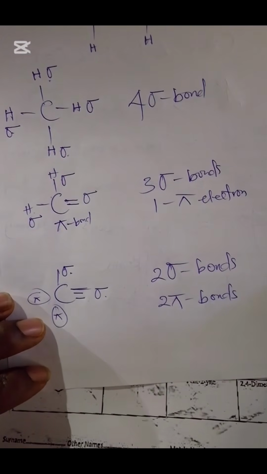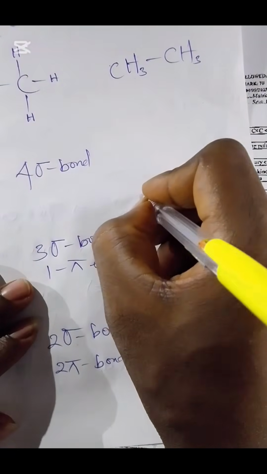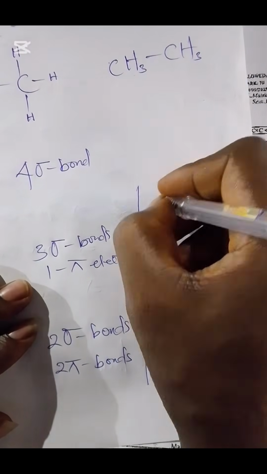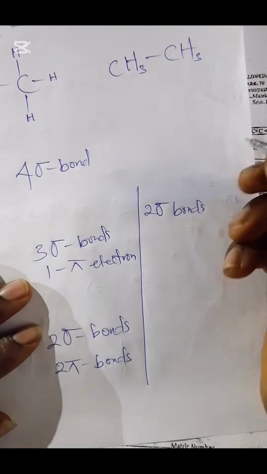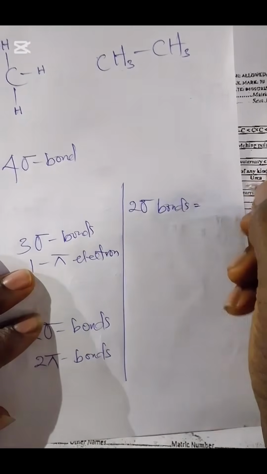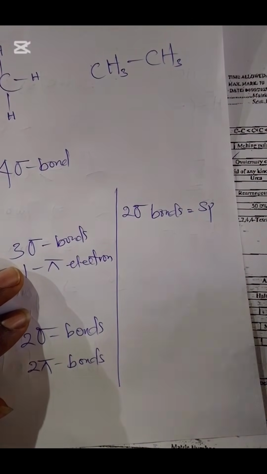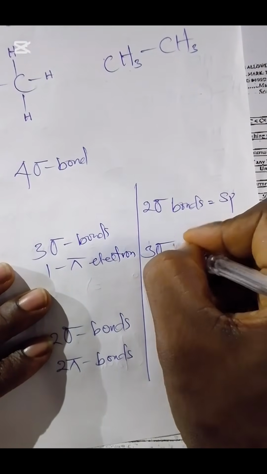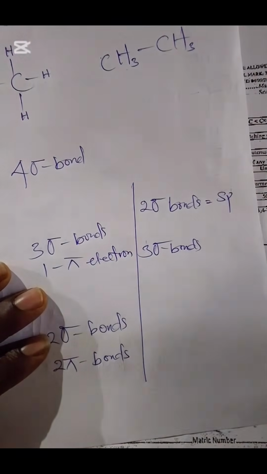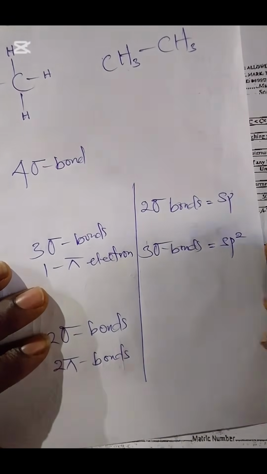Having known this, let's apply the hybridization rule. If we have 2 sigma bonds, the rule says it is categorized under sp hybridization. If we have 3 sigma bonds, it is categorized under sp2 hybridization.